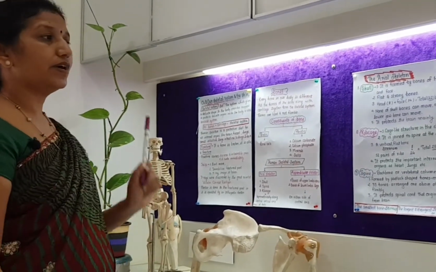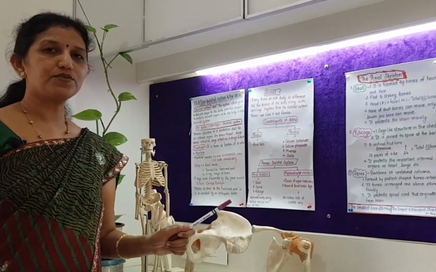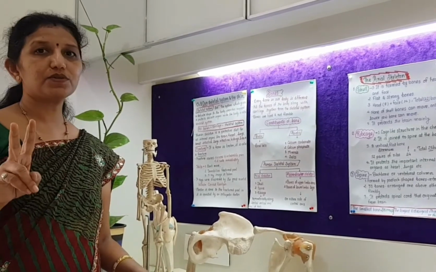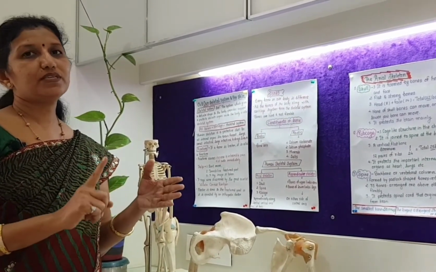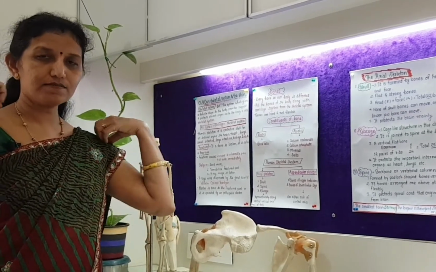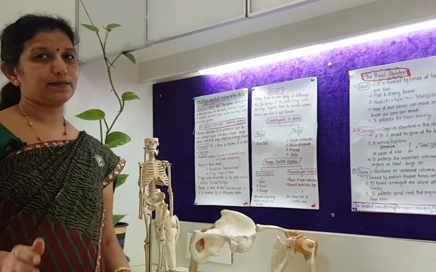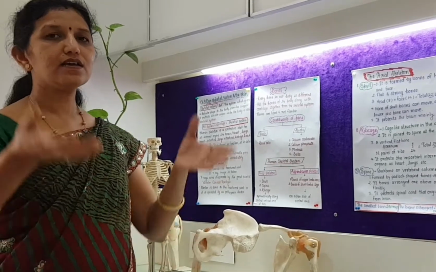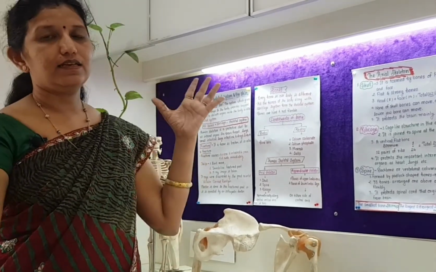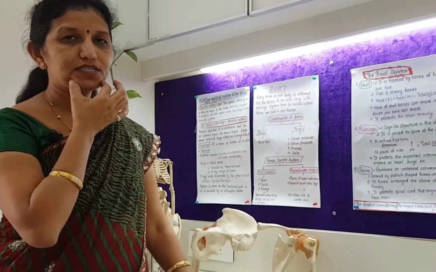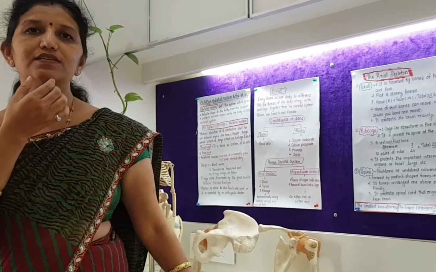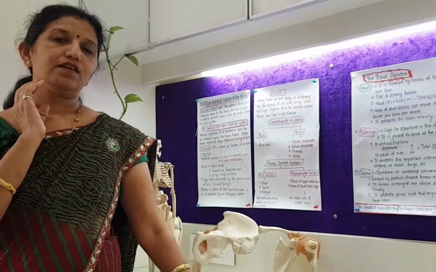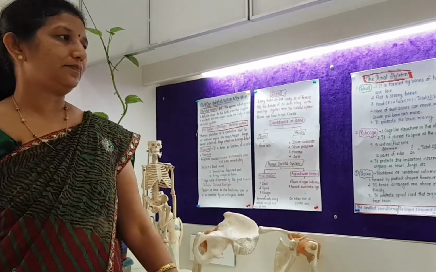In this way, we have studied three types of joints. There are two main types of joints, movable and immovable. Movable joints are the joints of arms and legs, and immovable joints are the joints of our skull. But in that, only one is movable, and that is our lower jaw. The lower jaw is also called mandible, and the upper jaw is called maxilla.